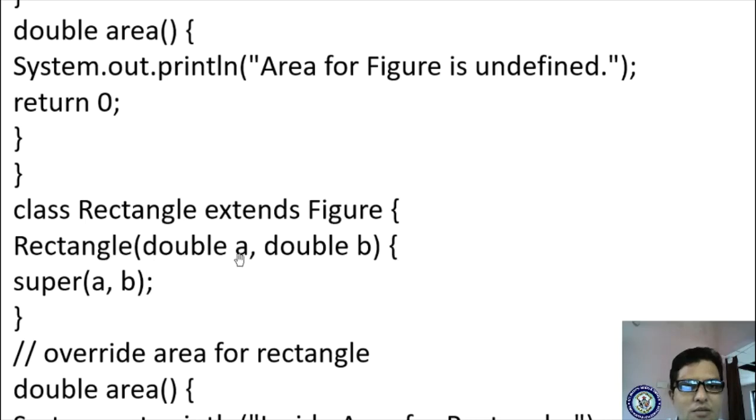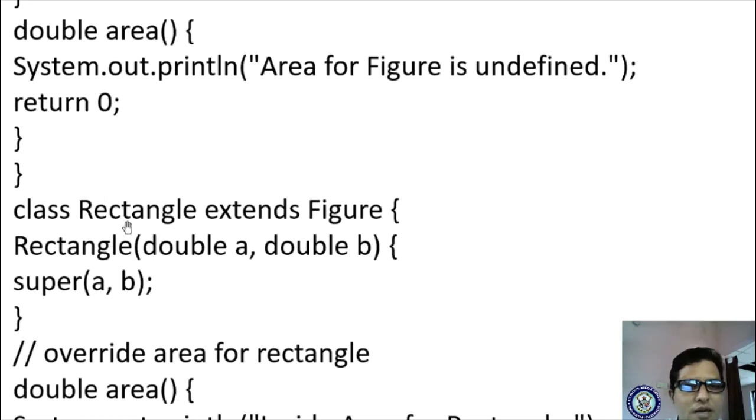In this constructor I'm taking only the two parameters, because we have not specified any variable here. And you are seeing here the super method. What is the super method? To initialize the base class constructor from the subclass.